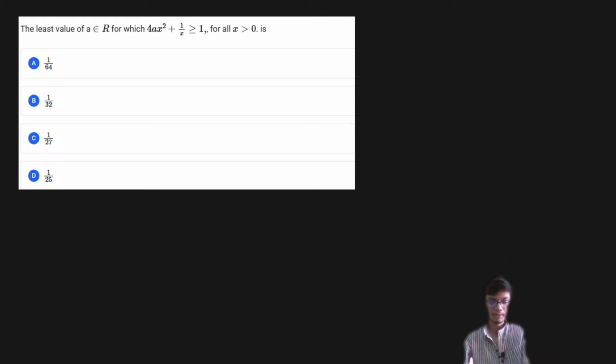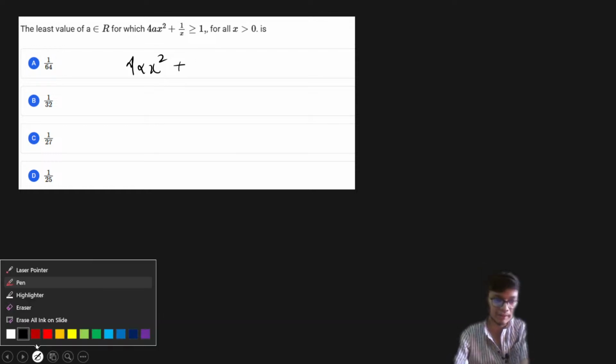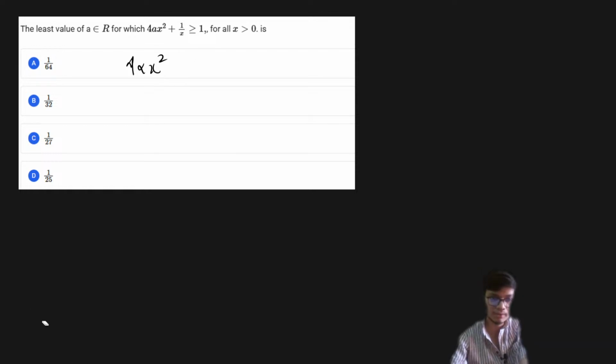So if you look over here, first and foremost, it is given as 4 alpha x square is greater than or equal to 1 minus 1 upon x.